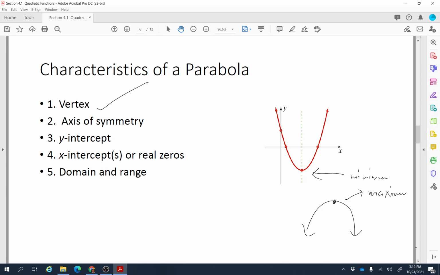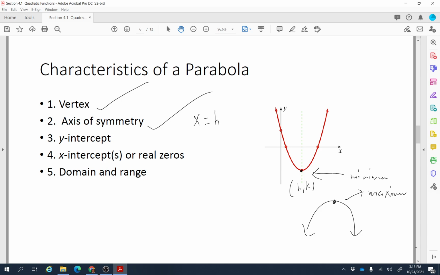Vertex means this point, and there is an x coordinate and y coordinate of that point. The axis of symmetry means a vertical line passing through this vertex, which divides this curve into two equal pieces. That's called the axis of symmetry. So in this particular case, for the point (h, k), the axis of symmetry is x equals h.